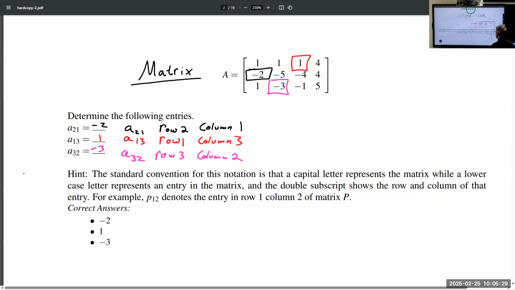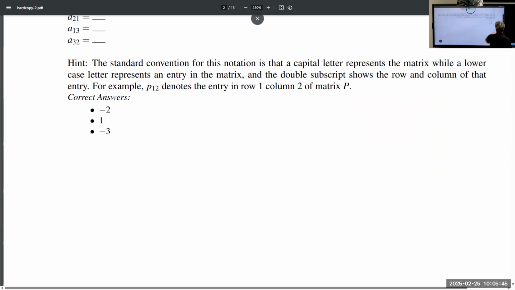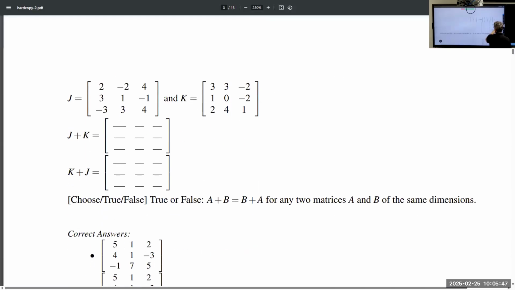And the double subscript shows the row and the column of that entry. For example, P12 denotes the entry row 1, column 2 of the matrix P. Okay, so that's the idea. But that's just identifying where things are.